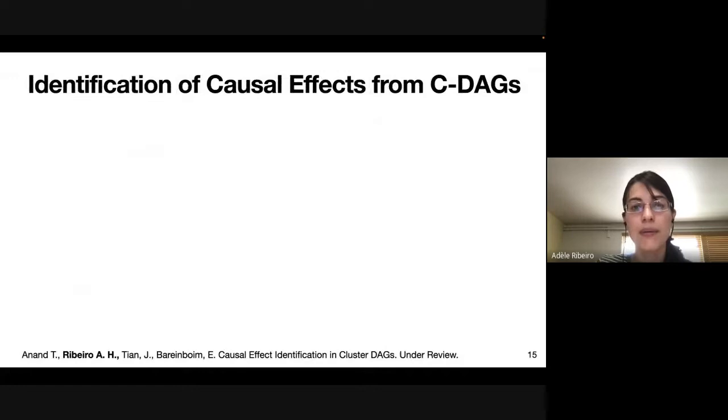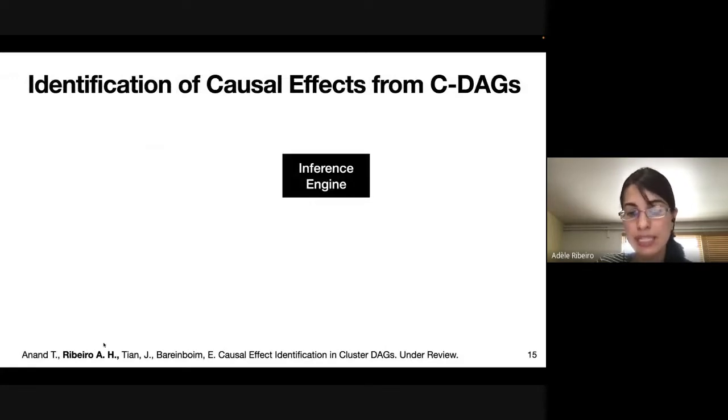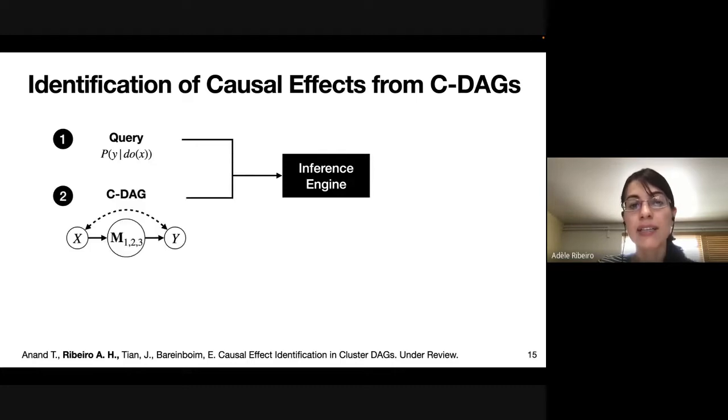That's why, in this paper, which is under review but available on arXiv, we extended the theory of identification of effects to consider now a cluster DAG as an input instead of a causal diagram.